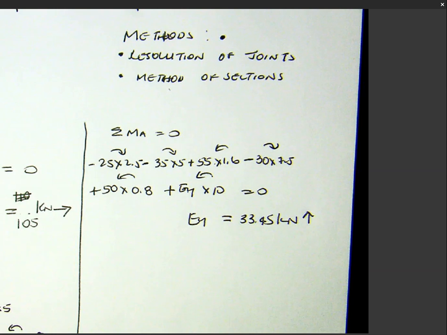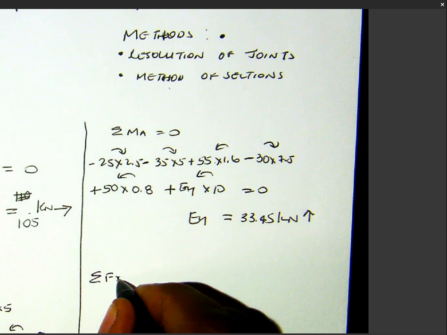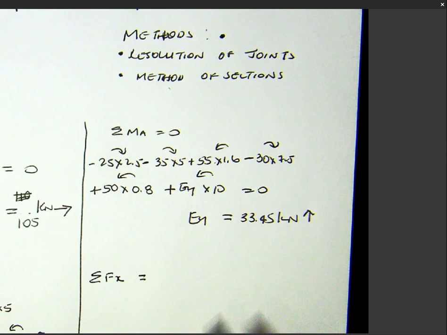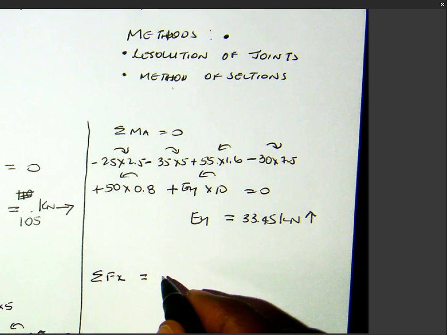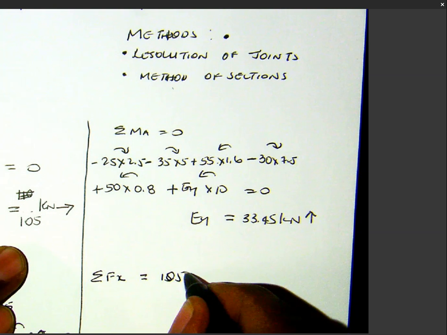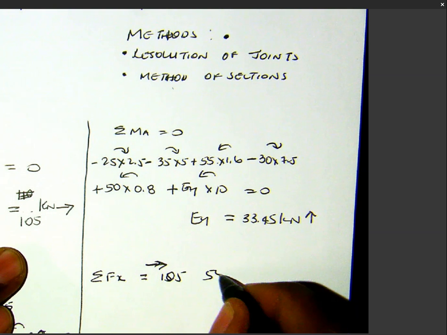So now what do I have? Sum of forces in the x direction equals to, check, is my check here. I've got 105 going this direction, then I've got 55 going this direction, and then I've got another 50 going this direction.